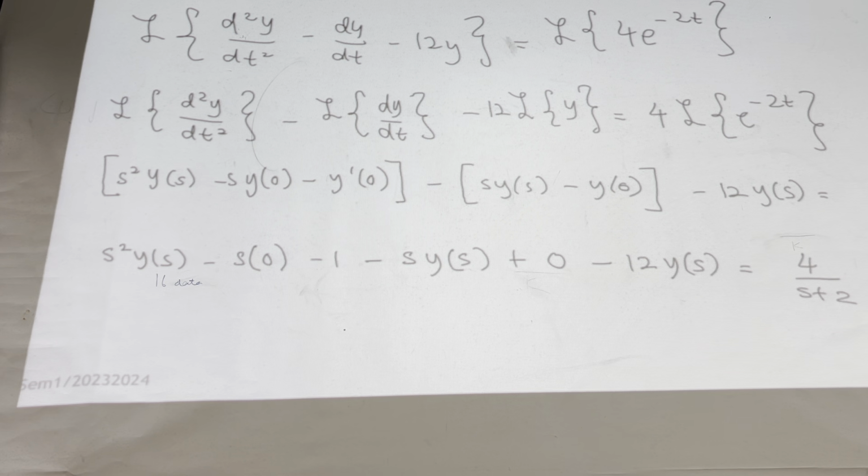First we have in bracket s squared minus s minus 12. And then here we have 1, so transfer to the right hand side. So we have 4 over s plus 2 plus 1.